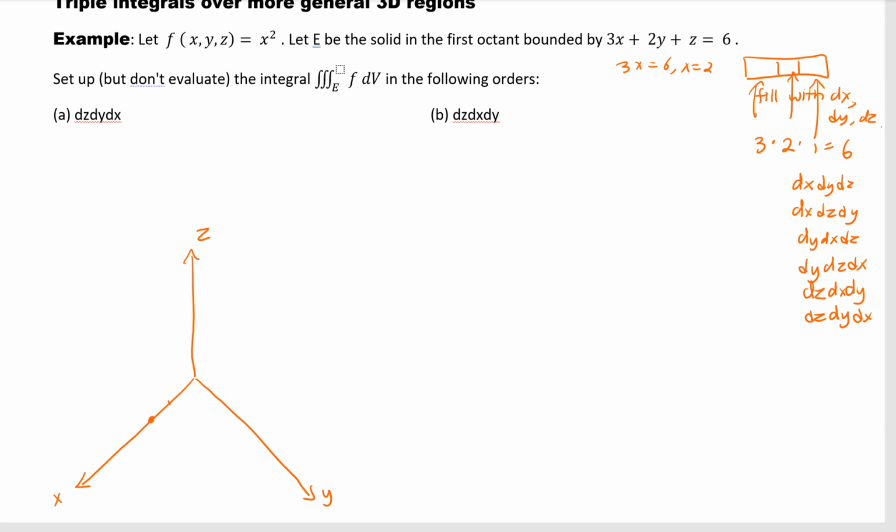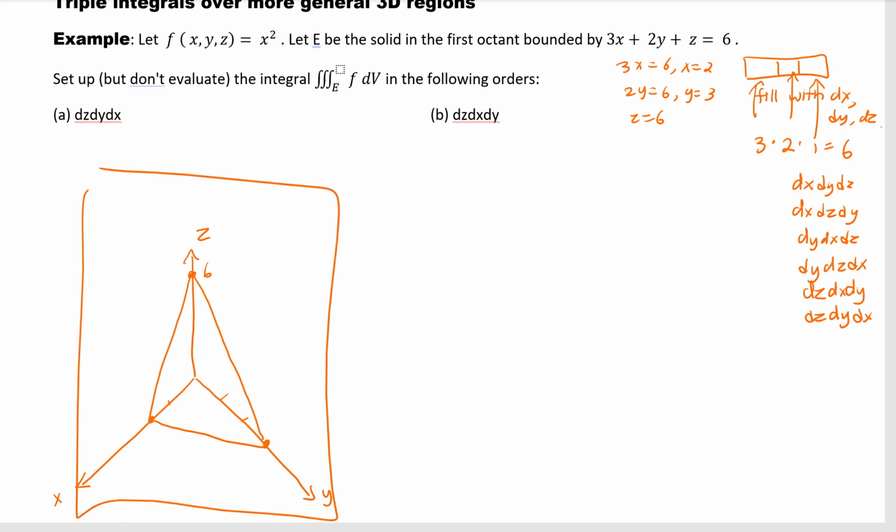Then x and z are 0, so 2y equals 6, y equals 3. How about on the z-axis? So x and y are 0. We get z equals 6. Then what do we have? We have a plane. Can you imagine this is the plane?